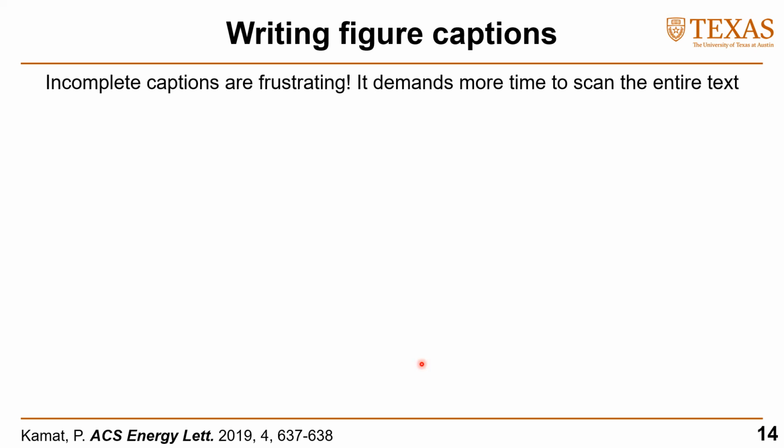You just want to look at a figure, understand what's going on, understand the experimental conditions, the experiment, whatever you're doing. So make sure that you also use your figure caption to add more information. But again, be careful. Don't make it very crowded.